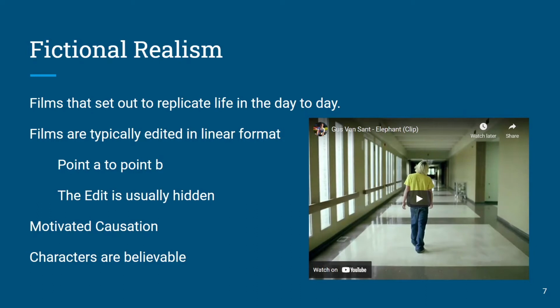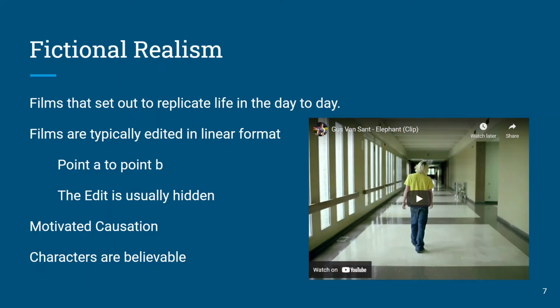So there are films that set out to replicate life in the day to day, fictional realism, things like Gus Van Sant's Elephant. If you watch this clip here: long take, deep focus, natural lighting, a very simple acting style. In fact, I think a lot of them were non-professional actors used for this film.